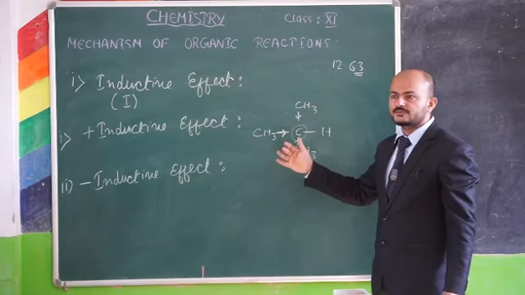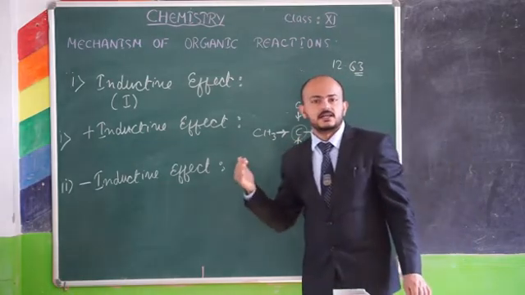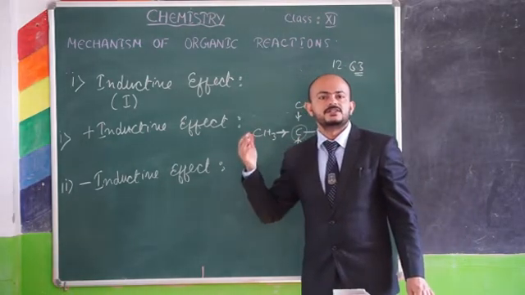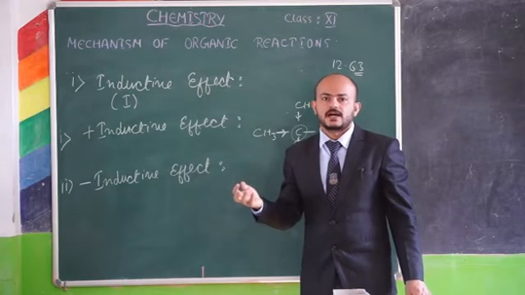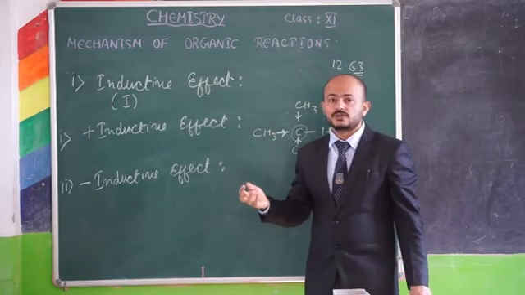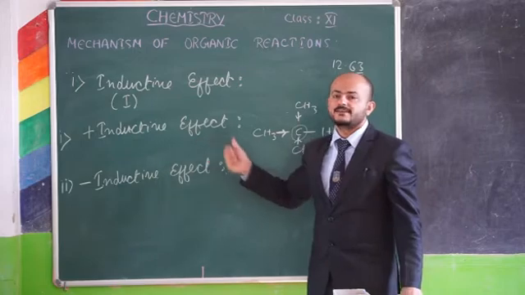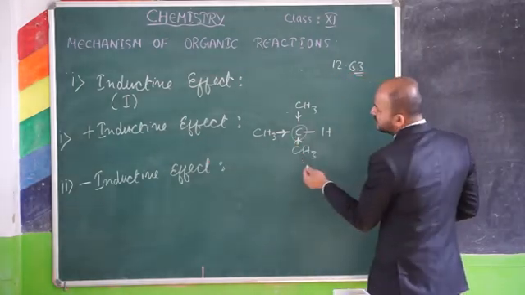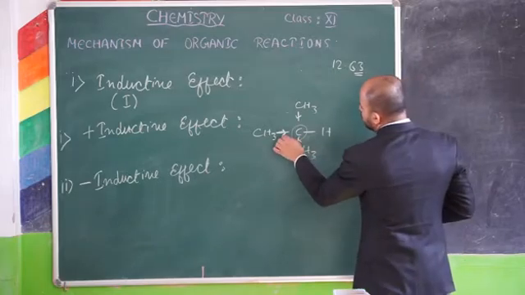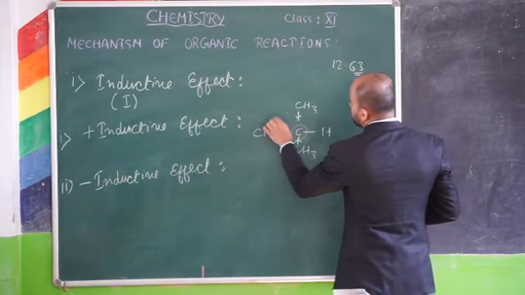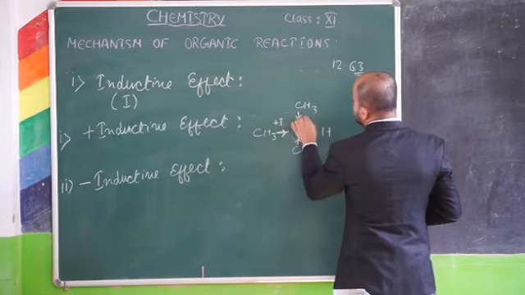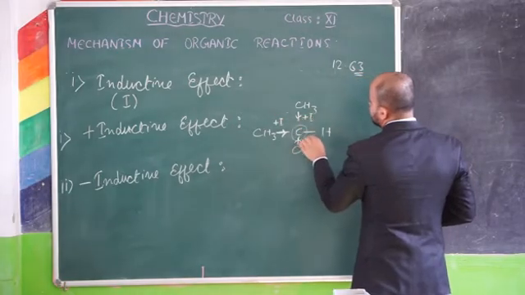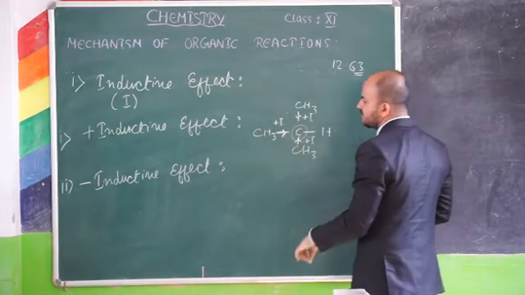So alkyl groups which enhance the electron density over the nearby attached carbon are said to be showing plus inductive effect. So this is an example of plus inductive effect. How many plus inductive effects are here? 1, 2, 3. So here we have plus I, plus I, and plus I effect. So 3 plus I effects are present here.